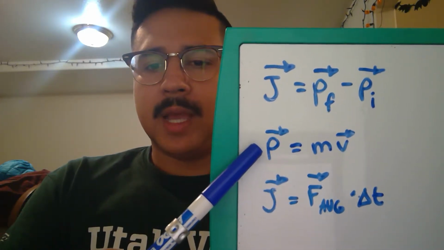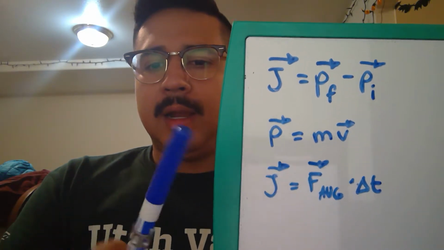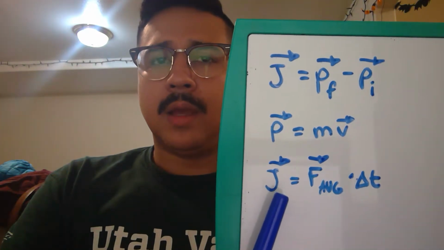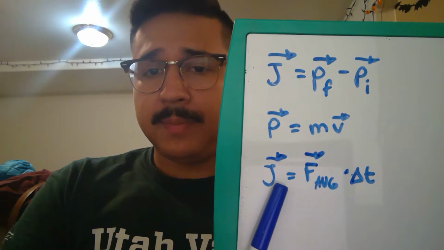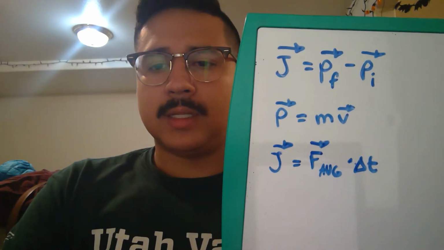Momentum is equal to mass times velocity, and impulse is equal to the average force times the change in time. And we're going to use this as well as what was given to us in the problem.